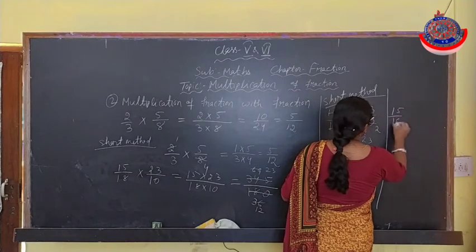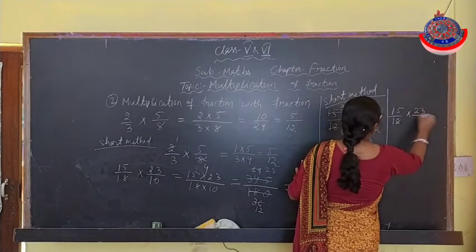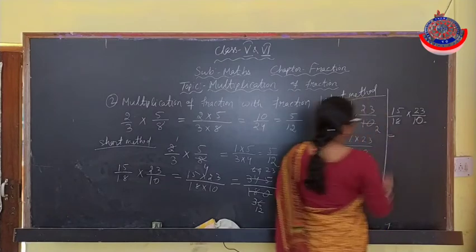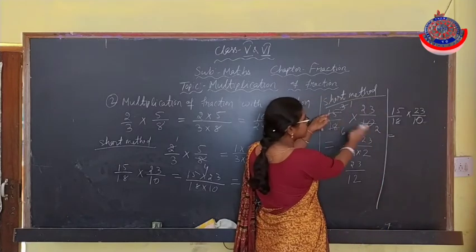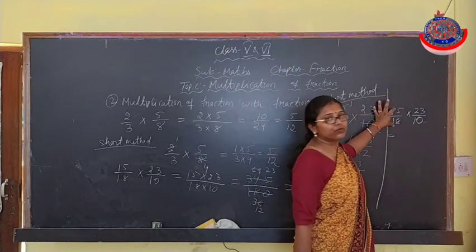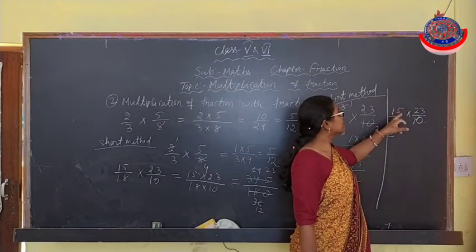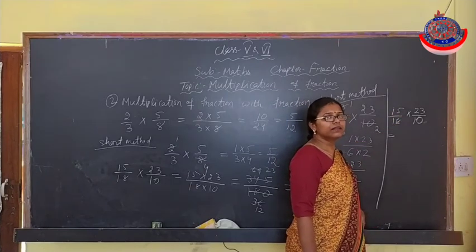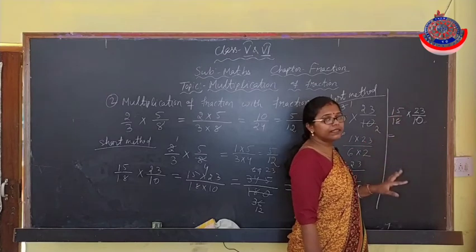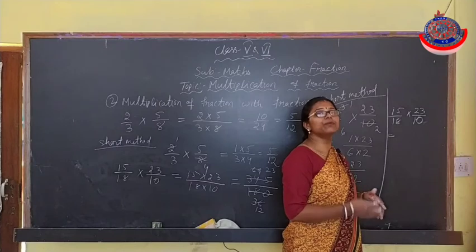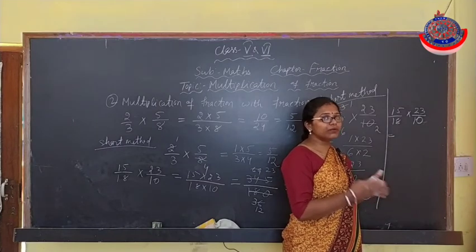15 by 18 into 23 by 10. In this case, I have cancelled this one first. 15 and 10, I can consider this one also. What is the common factor of 15 and 18, or the HCF of 15 and 18? You can take any common factor or HCF. If you take only a common factor, then you have to follow the process many times.